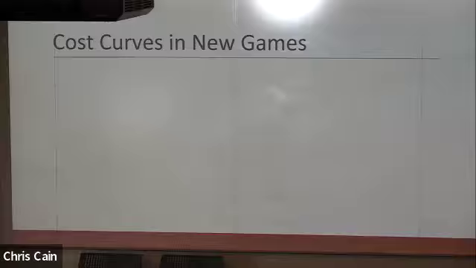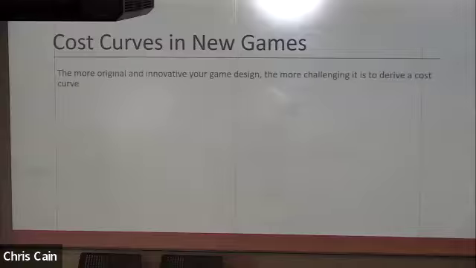But if you're designing a new game that doesn't have a baseline cost curve for it, then you may find yourself making one of these from scratch. The more original and innovative your design is, the more challenging it's going to be to derive a cost curve. You won't be able to ground yourself in existing games.